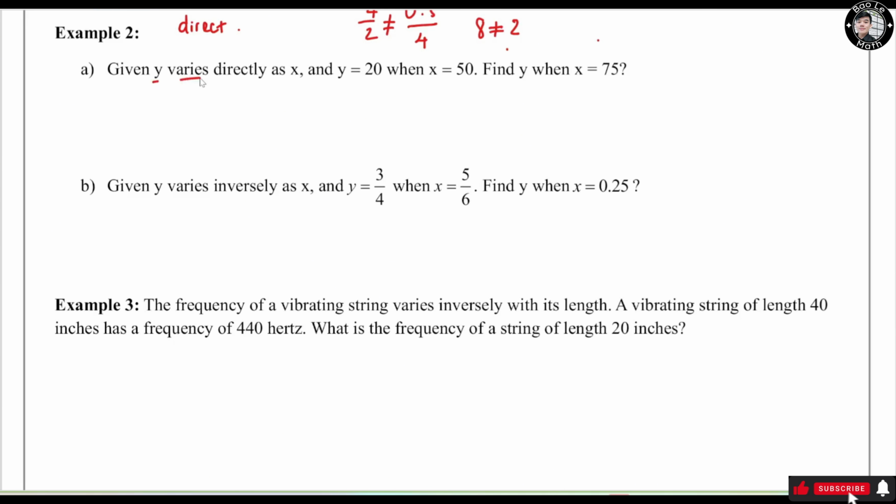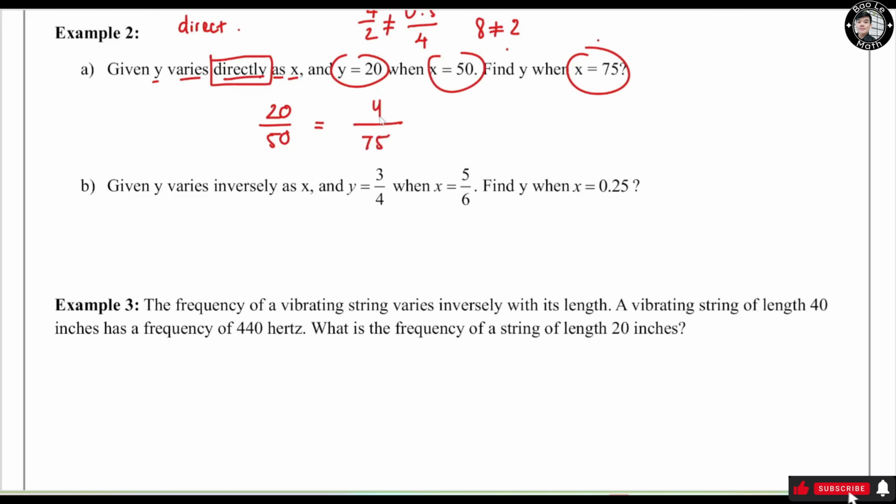Given y varies directly as x, the key information is varies directly, so we're going to set up a proportion. We have y equals 20 when x is 50, so 20 over 50 equals y over 75, with x being 75 on the bottom.